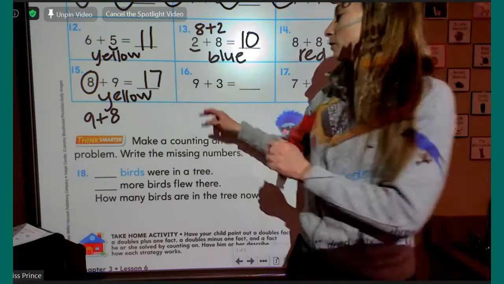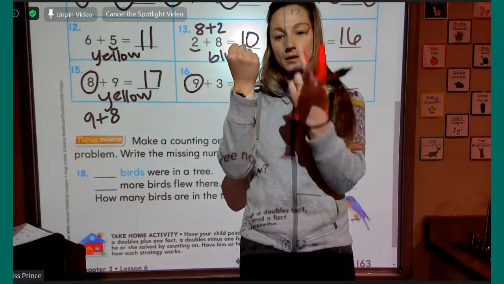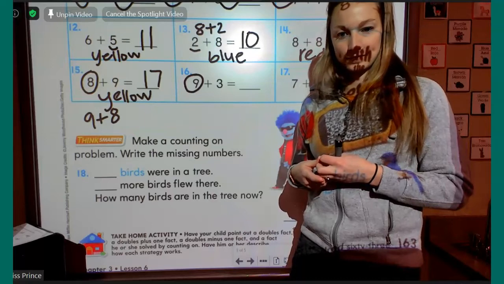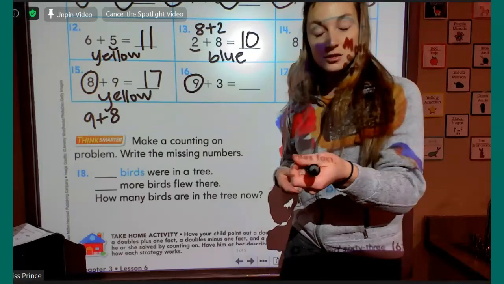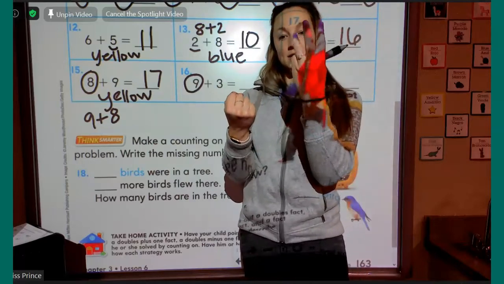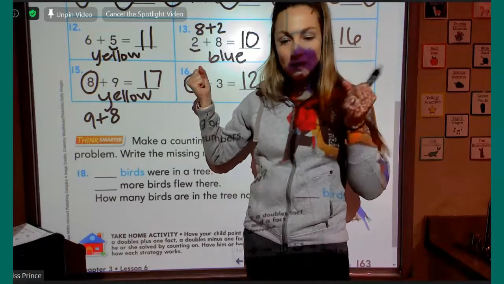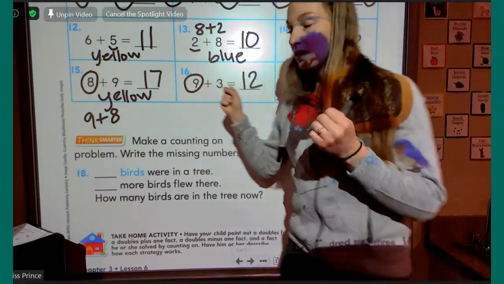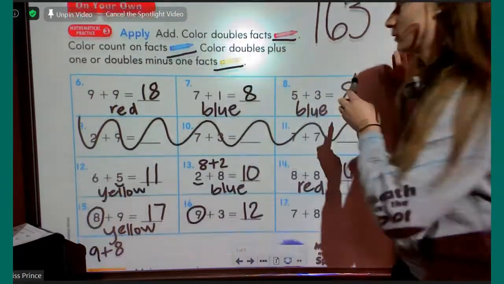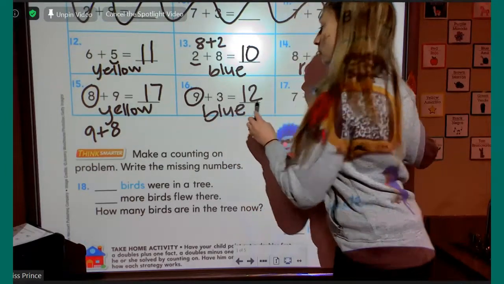So, Jose, I want you to scoop up your 9 and then add 3 more. Let's stop at 12. It is 12. Ready? 9, 10, 11, 12. Okay, so we scooped up the 9 and then we counted on. So counting on is blue. Blue.